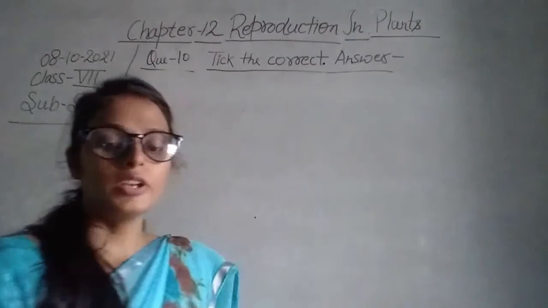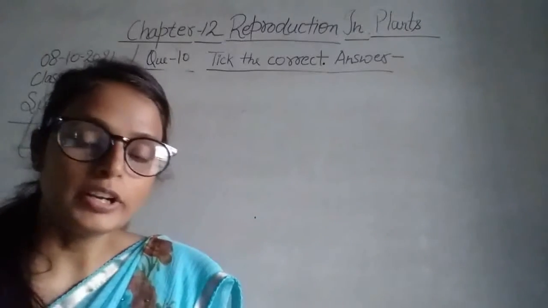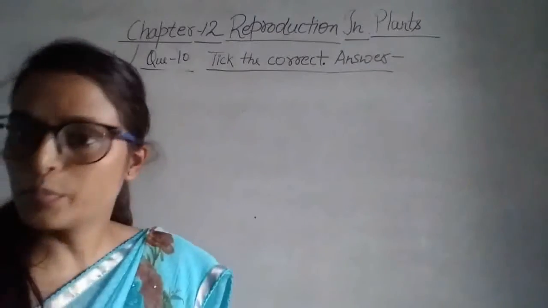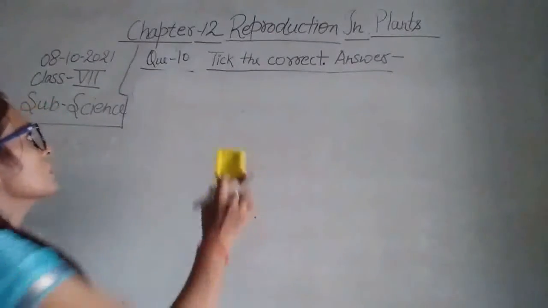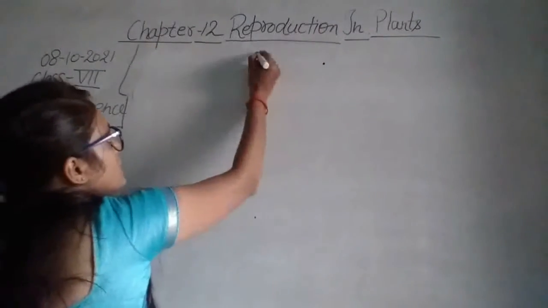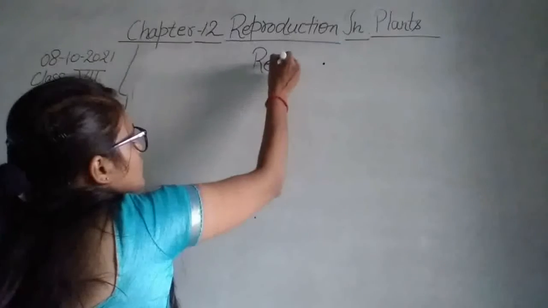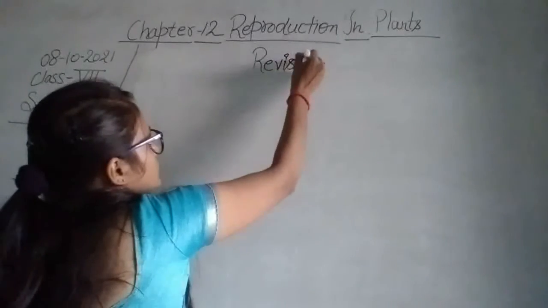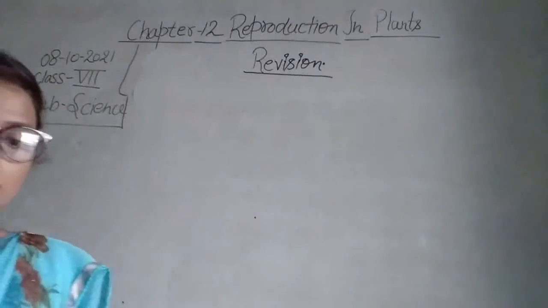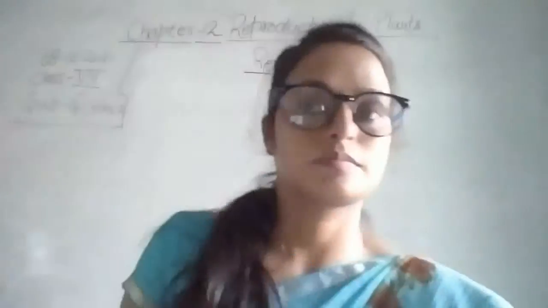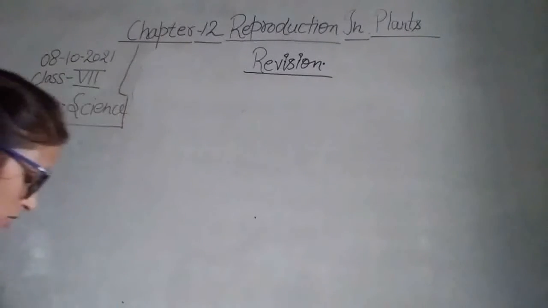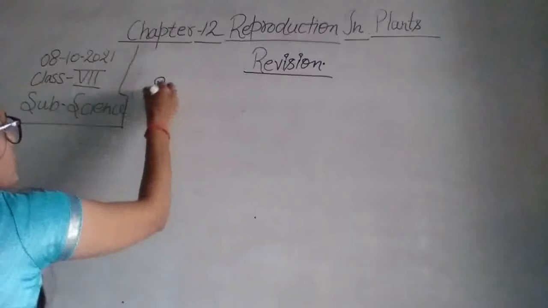Now we revise some important topics in this chapter, reproduction in plants. Revision. First point is reproduction.